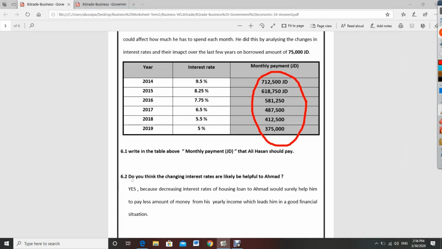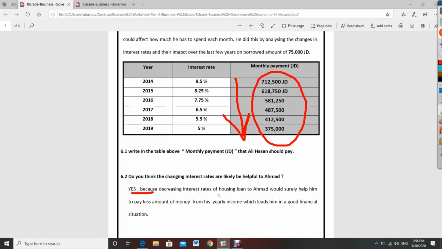Question number 6.2, do you think the changing interest rate are likely to be helpful to Ahmed? Do you think this decrease in the interest rate and this decrease of the monthly payment are likely to be helpful to Ahmed? Yes. Why?